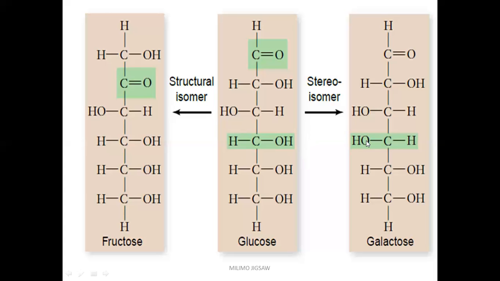So I'm going to show a diagram of these two, to confirm that the hydroxyl group will be below the plane in glucose and above the plane in galactose. So galactose is a stereoisomer to glucose, while fructose is a structural isomer to glucose.